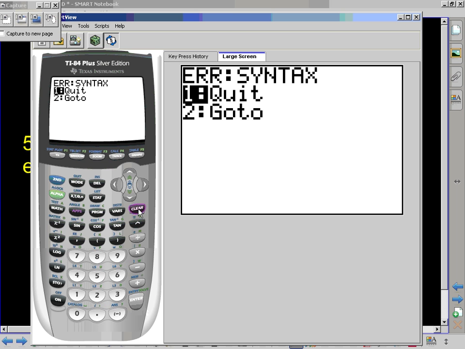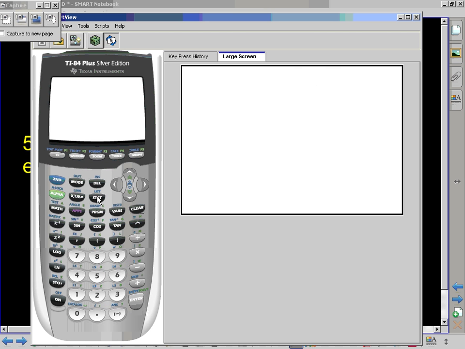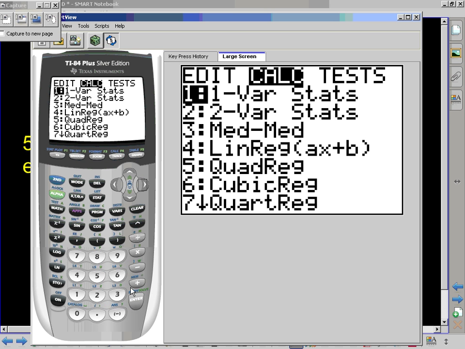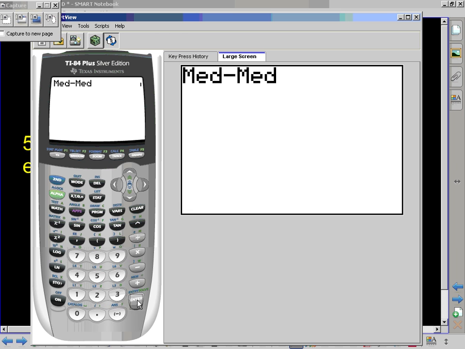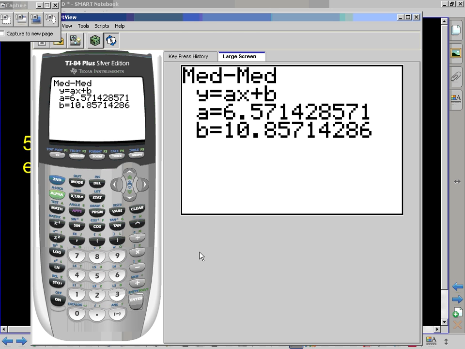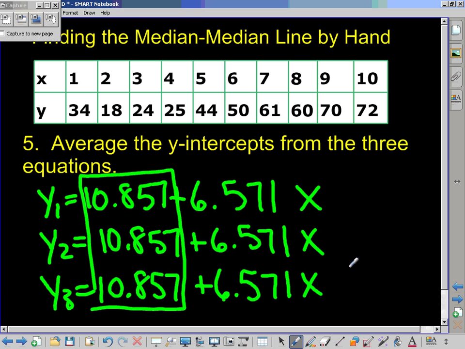Clear, try again. Stat, calc, median. There we go. Y equals ax plus b. Remember, on the calculator, they give a as the slope and b as the y-intercept. 6.571, 10.857. Sound familiar? Hello, there they are right there. So that's what the calculator's doing in a matter of milliseconds.